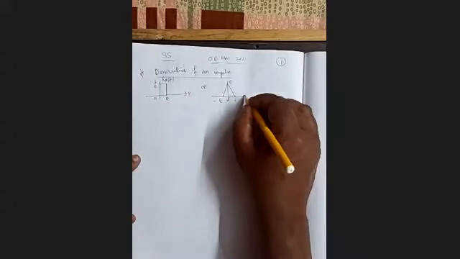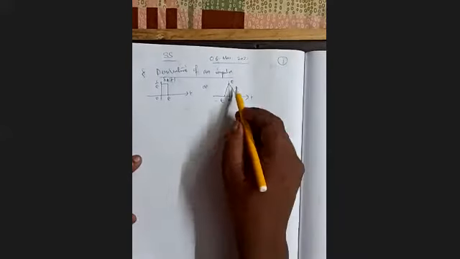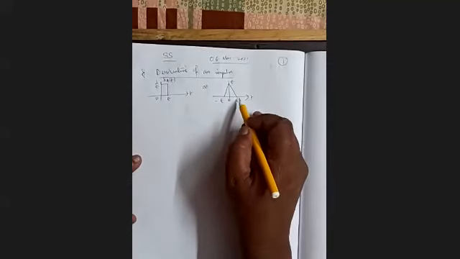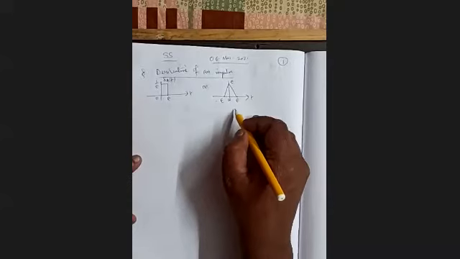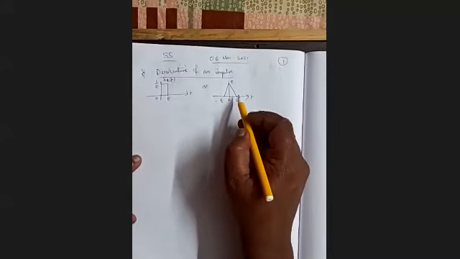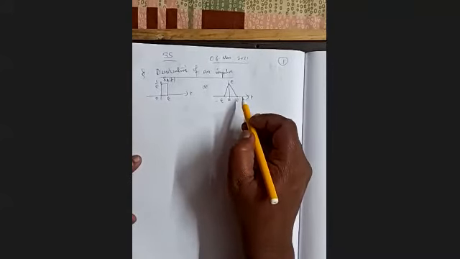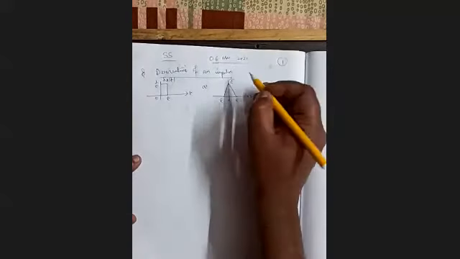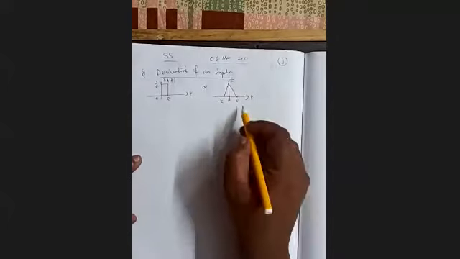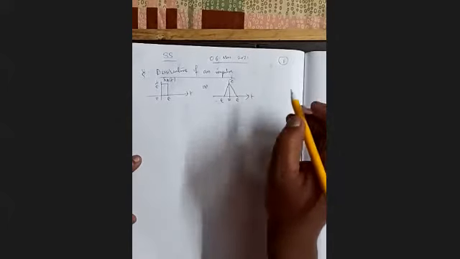That can be another one. So its area is half into 2 epsilon into epsilon. So area is 1 by epsilon. That is another thing.